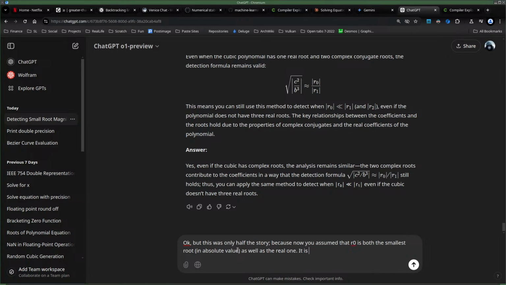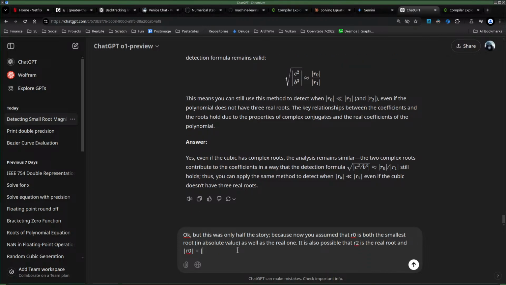It is also possible that, I think yes, R2 is the real one, has the real root, and the absolute value of R0 equals the absolute value of R1 is much less than R2. Do your thing.